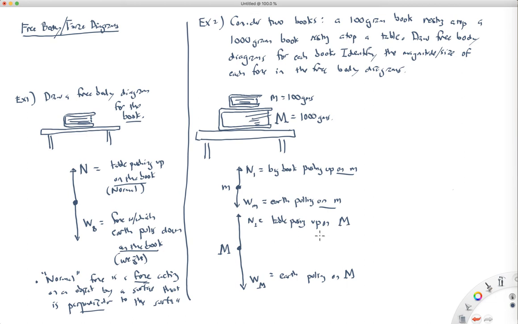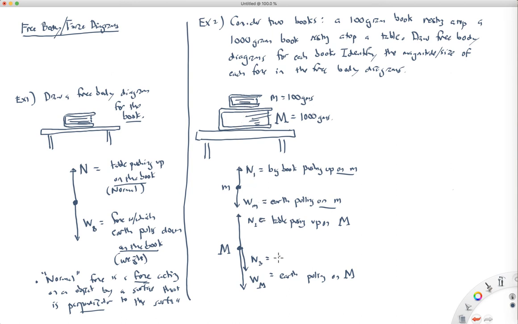And those are not the only two forces acting on this book. There's also another force of this little book pushing down on the big book. So I'll draw another arrow. I'm going to draw this off to the side a little bit. And this I'll call N3 because once again, it's a normal force. It's a force with which the surface of the little book pushes downward on the big book.